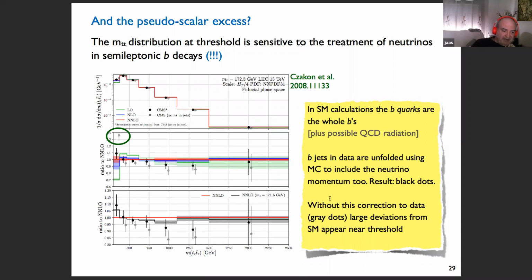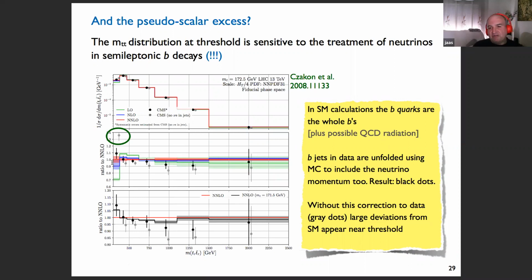So to compare apples with apples, CMS did some unfolding of the B quark momenta to also include the calculated neutrino contribution. And these are the black dots that you see here. And the calculation without this correction are the gray dots.